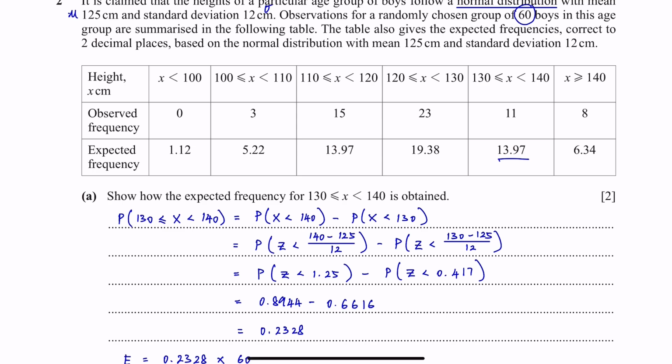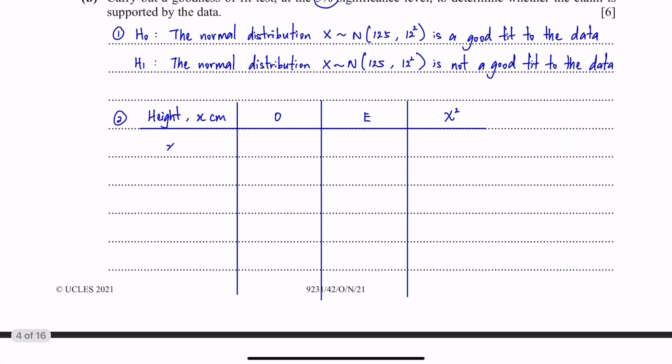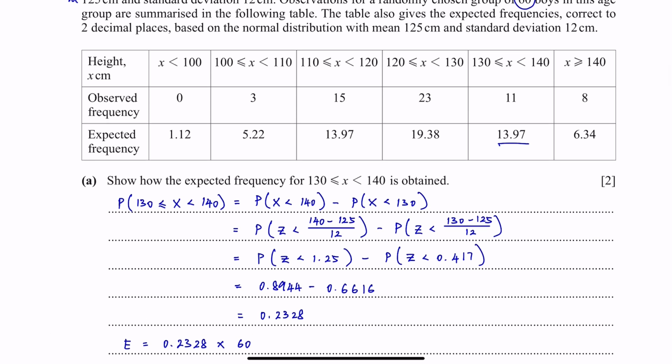Alright, when we combine these two, the height would be x is less than 110. So the first row would be x is less than 110. The second row would be x in between 110 and 120, so on and so forth.